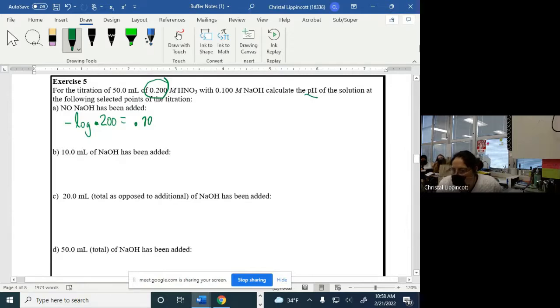All right, these are both strongs, so this is going to be a stoichiometry problem. Which means we need to get what goes in our table.